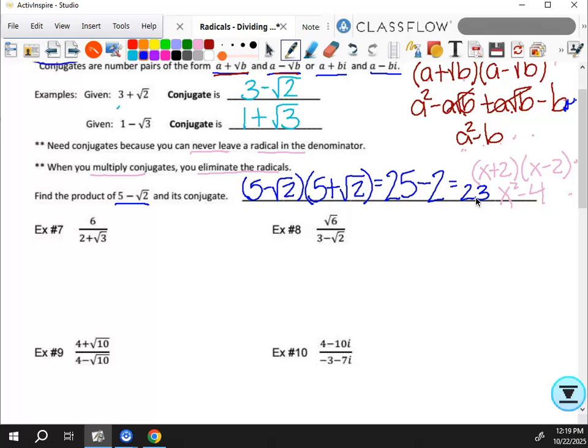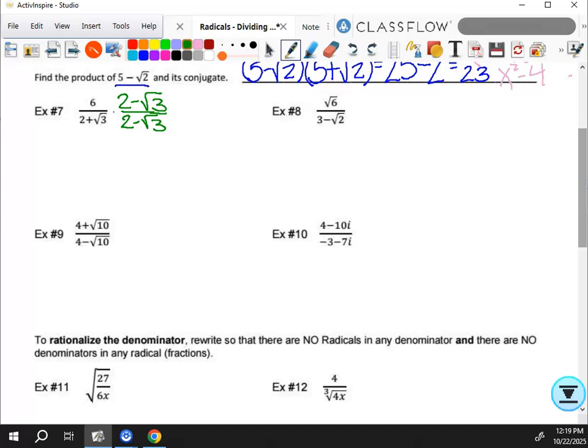Okay, so let's look at example 7. The conjugate here, I look at the denominator, right? That's 2 plus the square root of 3, so I'm going to use 2 minus the square root of 3. And just like we did yesterday, my green fraction has to have a value of 1, so I need 2 minus the square root of 3 in the numerator as well. I'm going to put parentheses around everything that has more than one term. Then when I multiply straight across, I have to make sure I distribute that 6.